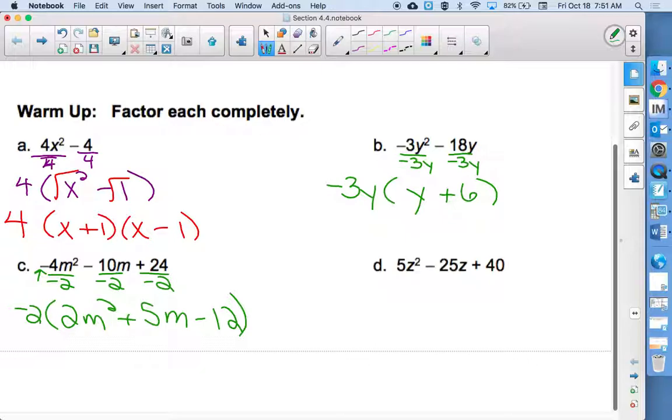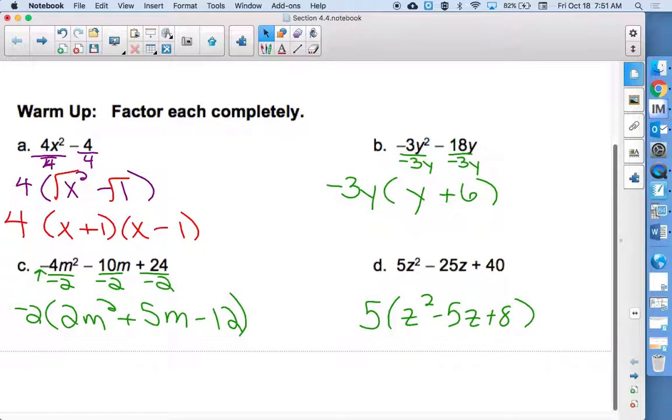And then the last one, 5z squared minus 25z plus 40. Dimitri, what can we do with letter D? Divide everything by 5. And what do you have left when you divide by 5? Z squared minus 5z plus 8. Okay. And then, because this has a 1 in front, Dimitri, are there any two numbers that would multiply to be 8 but add to be negative 5?